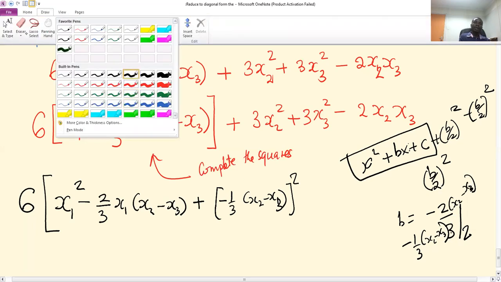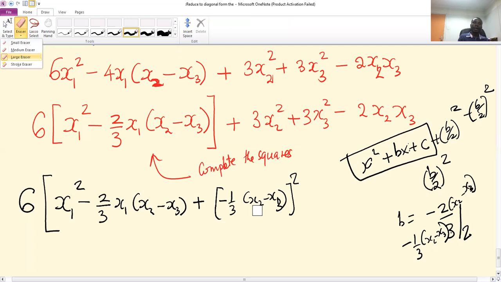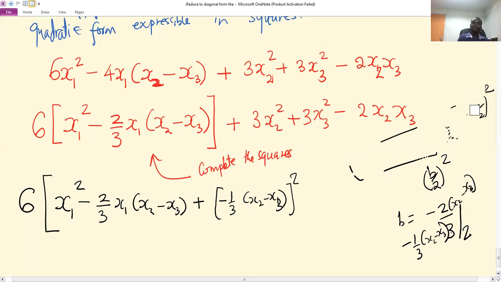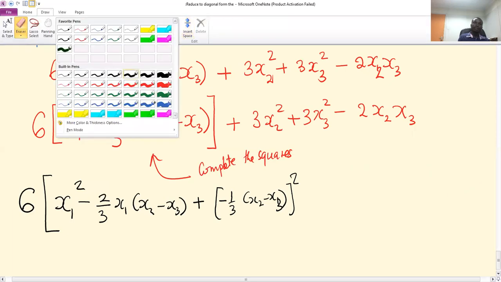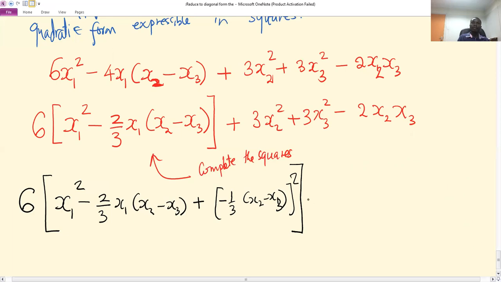And then because I have now added this term here, I close brackets, then plus 3x2 squared plus 3x3 squared minus 2x2 x3.